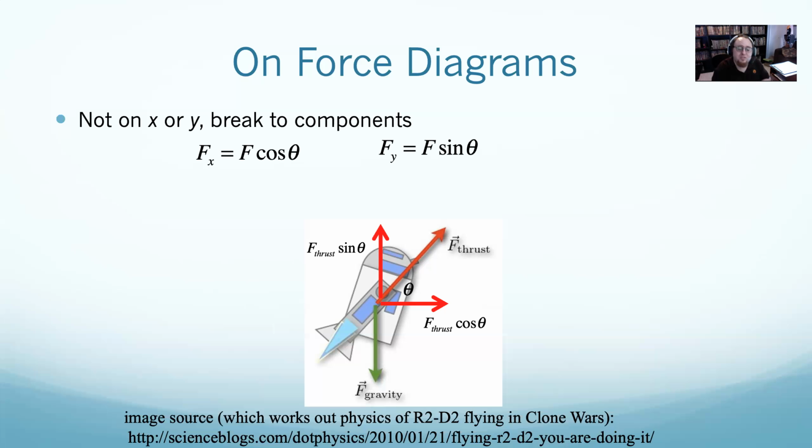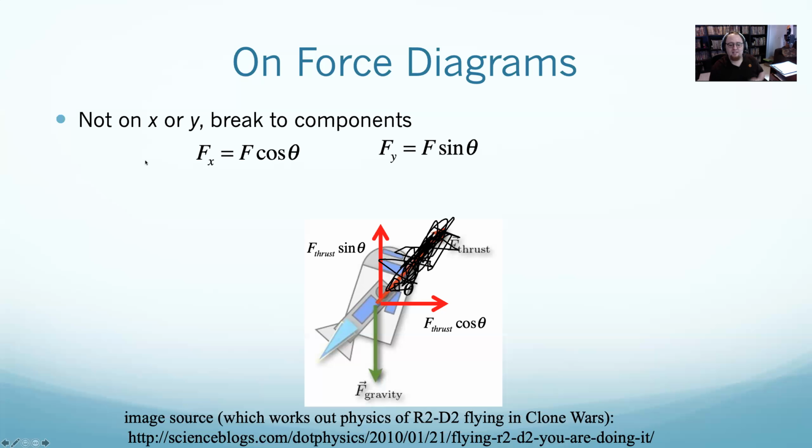And what you do is you'll say if something is up and to the right, nope, two forces, one to the right, one up. If something is down and to the left, nope, two forces, one is down, one is to the left. And that's what you'll use to make your free body diagram. We'll say this force right here doesn't exist. I'm going to ignore this and say these are my forces. From this, I can make my force equations.